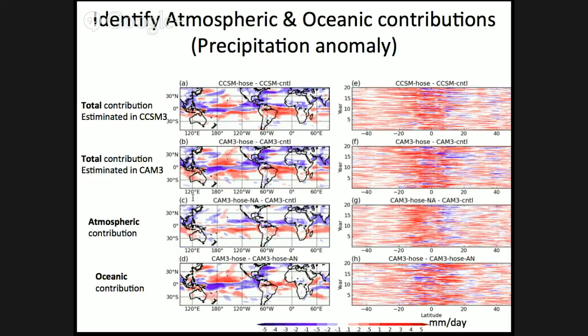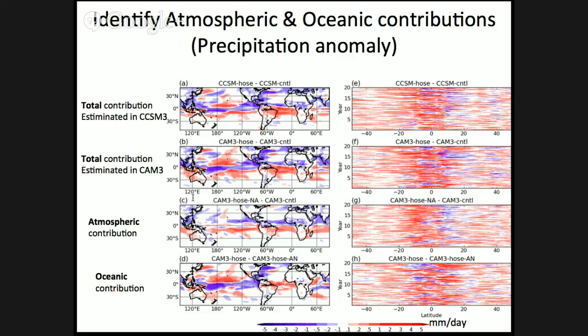And this figure shows the same thing, but for the precipitation response. You see that the fully coupled model is very well reproduced by the slab ocean model.